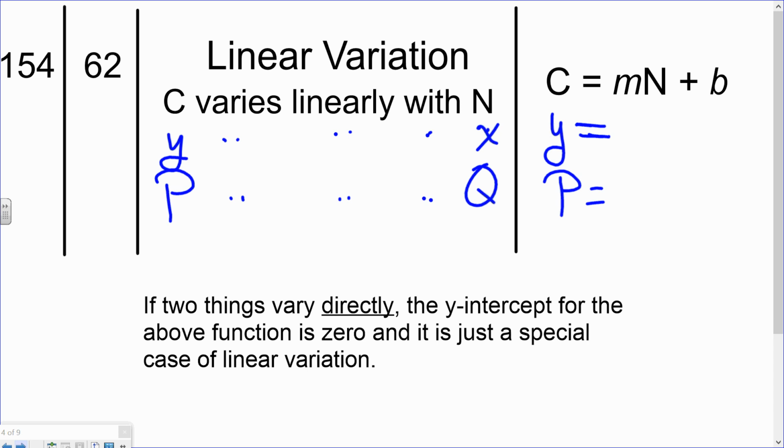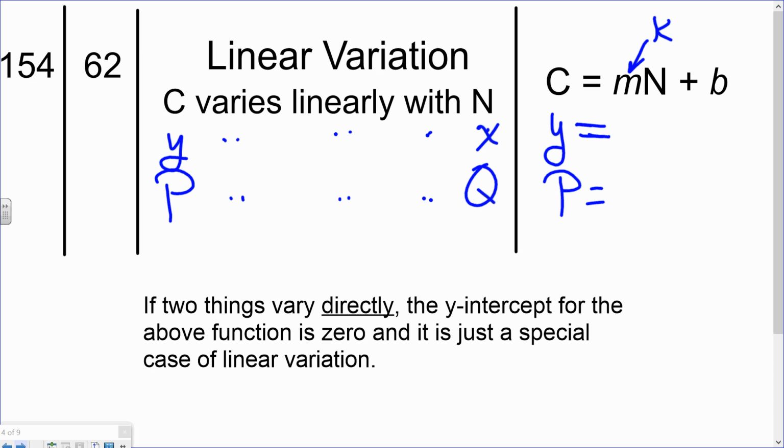Then you did k for your constant of variation. Now we're doing m. If you have a line, any line you want, does the slope ever change on that line? If it is a straight line, if it's linear, the slope is the same no matter where you are on the line. So the slope is your constant of variation when it is linear variation.